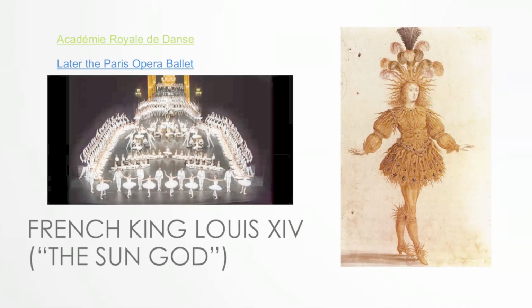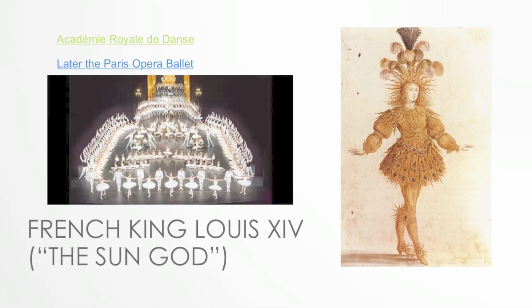He was trying to represent the god Apollo in the ballet, which had a French name to it, but essentially it translated into the sun god. And he performed for hours on end. He was just so into ballet, and because he was very much into his own calf muscles and legs and footwork, and he was so infatuated by ballet that he started his own dance academy titled the Académie Royale de Danse, or the Royal Dance Academy.